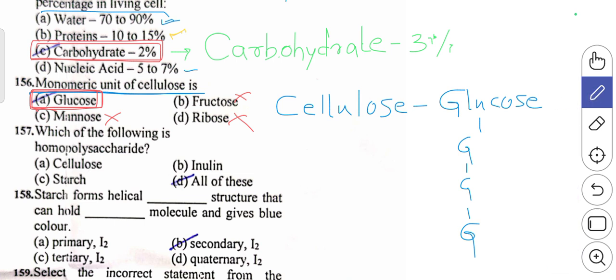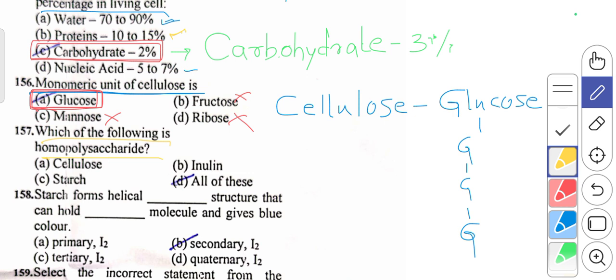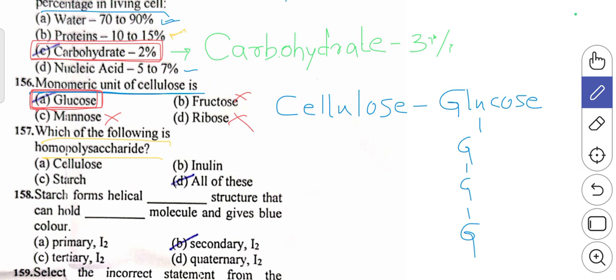Next question: which of the following is a homopolysaccharide? Homopolysaccharide means a molecule which is formed from the same molecules. If it is formed from two or many different molecules, then it will be considered a heteropolysaccharide. Here they have given some examples: cellulose, inulin, starch.